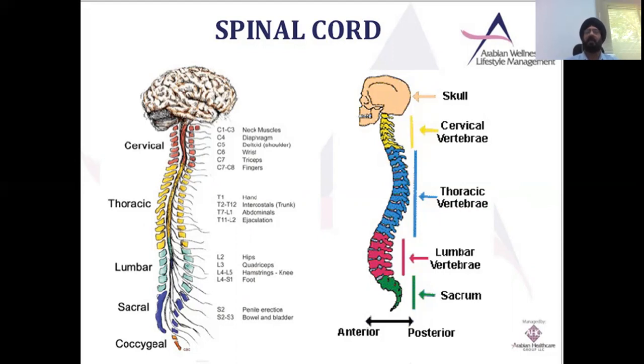The spinal cord is a complex structure comprising 31 pairs of spinal nerves. According to the section, we spoke about the vertebral column.